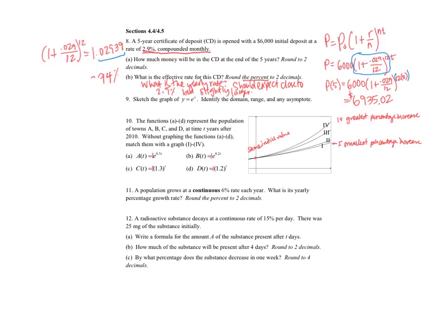So if I have a of t equals e to the 0.3t, and I compute what e to the 0.3 is, that's about 1.349. So I'm going to say 1.35.